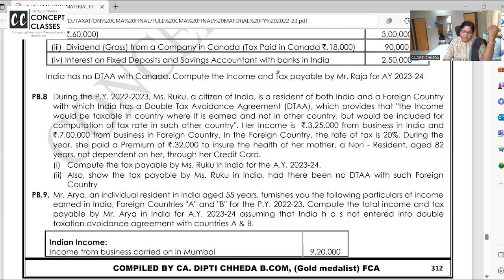Now, her income is 3,25,000 from business in India and 7 lakh from the foreign country. In the foreign country, the rate of tax is 20%. Now, during the year, she has paid a premium of 32,000 for the health of her mother, a non-resident, 82 years old, not dependent on her.